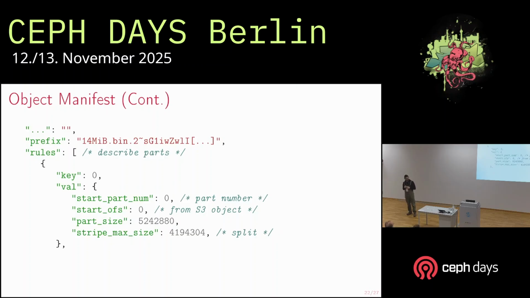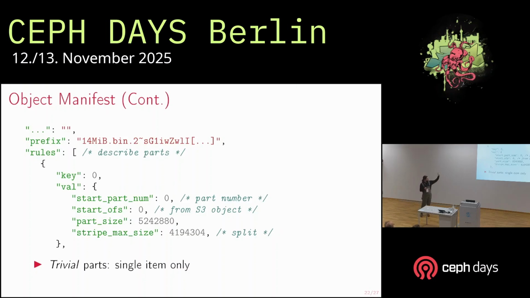I was wrong, because erasure-coded pools have an API call where you can get the optimal I/O size, and that can change. I don't know when and why. If anybody would enlighten me, I would be very happy. But just take for now that the stripe size is not always optimally 4 megabytes, it's 4 megabytes or smaller. That's why we have an additional member here that can reduce it if needed.